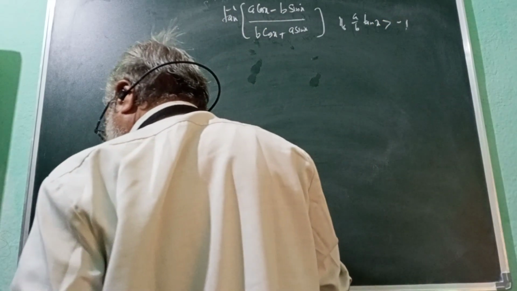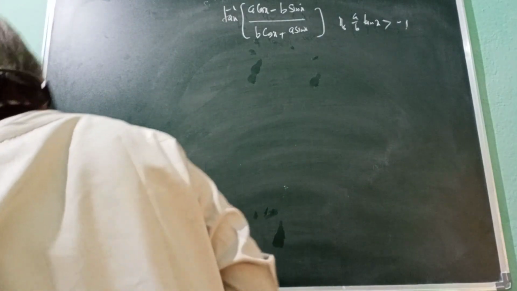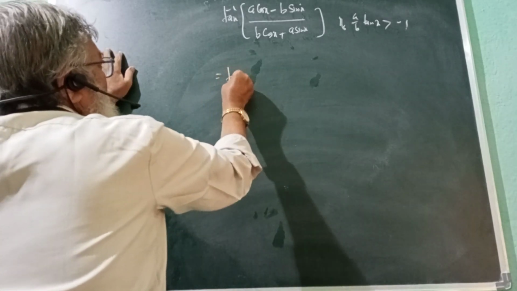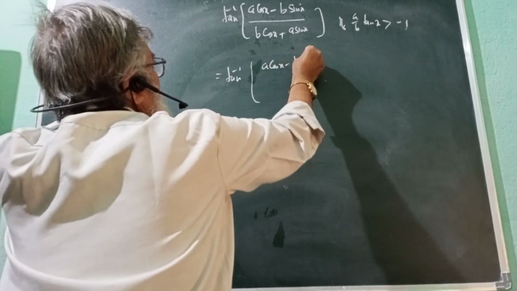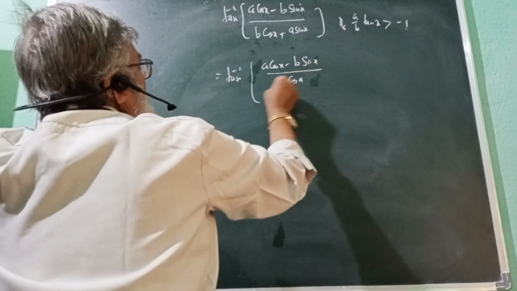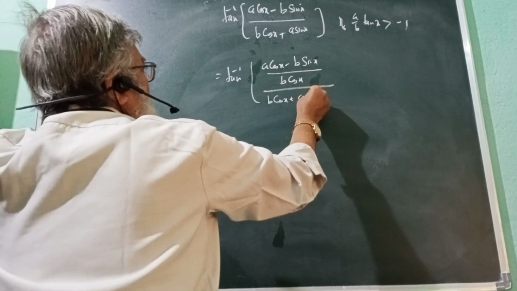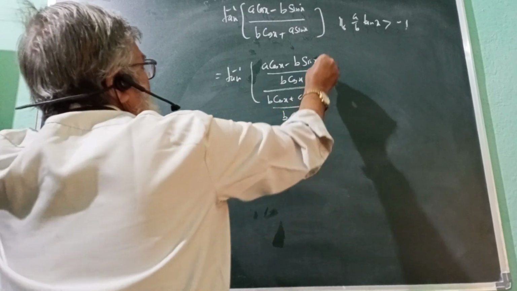So here what we do is, we divide the numerator and denominator by b cos x. That is equal to tan inverse. We are dividing numerator and denominator by b cos x. Here also b cos x plus a sin x divided by b cos x.